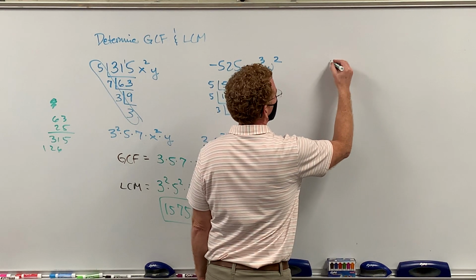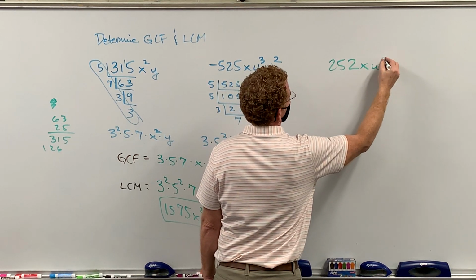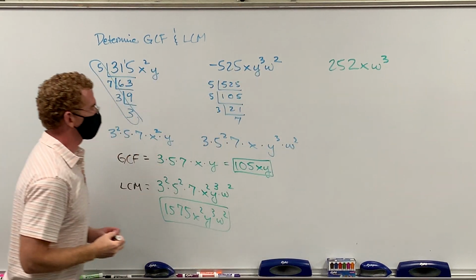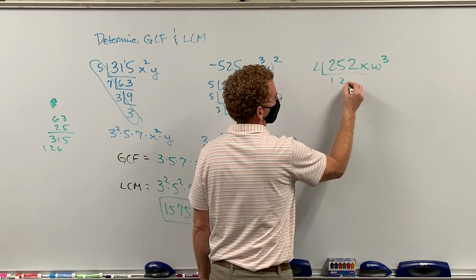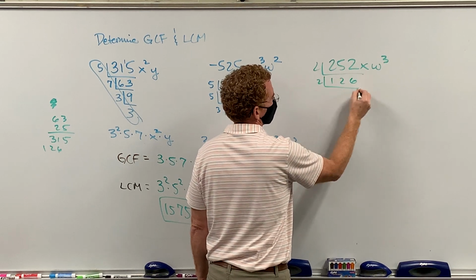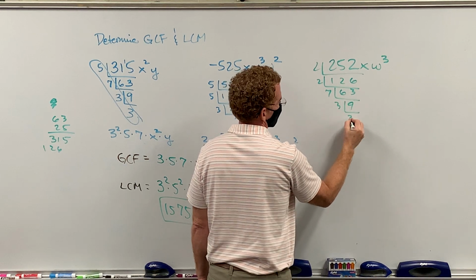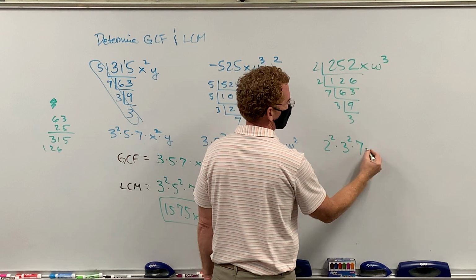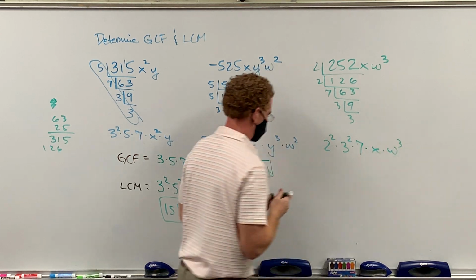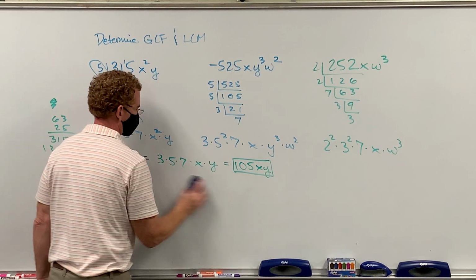What if I made that the second term, and then just to show you the prime factorization, that's a 2 squared, 3 squared, 7, x, w cubed. How does that affect all of this?